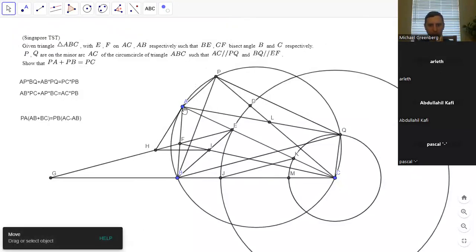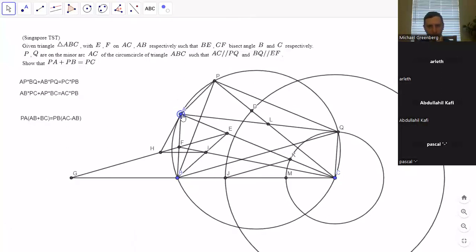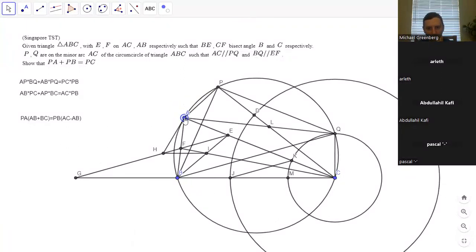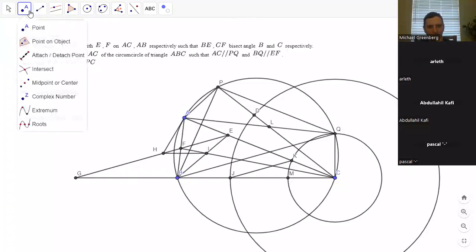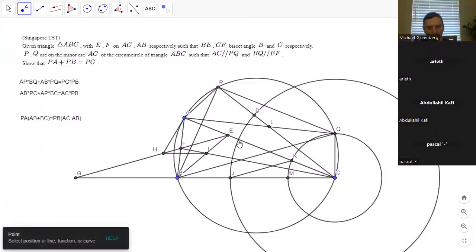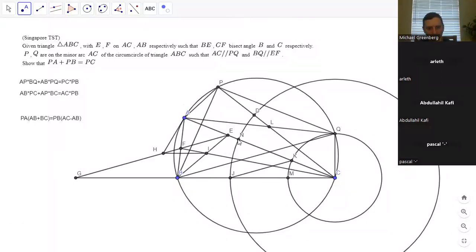It almost looks like point E, but it's not. It would be CM. CMN? Yeah.